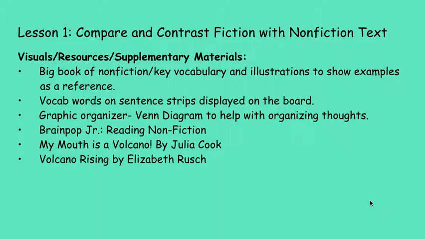Vocab words were presented on the board on sentence strips, and what was nice about that is students were using graphic organizers, the Venn diagram, to put their ideas under either different or the same. When the students shared orally to the whole group, I could take those vocabulary cards on the sentence strips and put them in the big class Venn diagram I had up on the board. That was really nice, and the students had a really great visual for that.